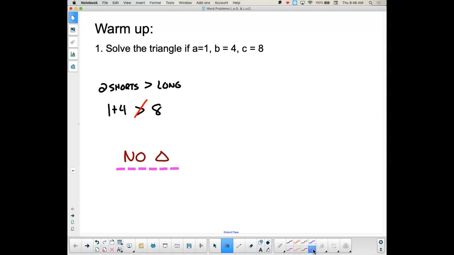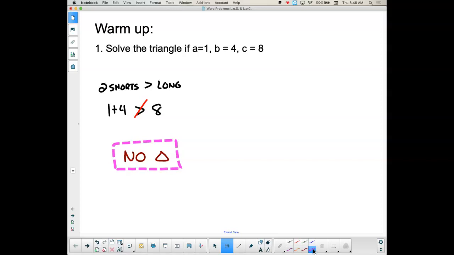Now, let's say you missed that. Which angle should we be solving for first in this one? We should be solving for angle C because angle C is the biggest angle. Biggest angle is opposite biggest side. Smallest angle is opposite smallest side.